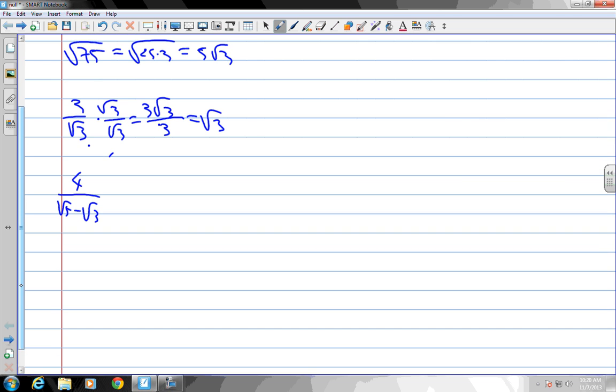And how about the last one? You want to do the opposite sign, right? We do the conjugates because we want to do the difference of squares formula, right? So that allows us to square.